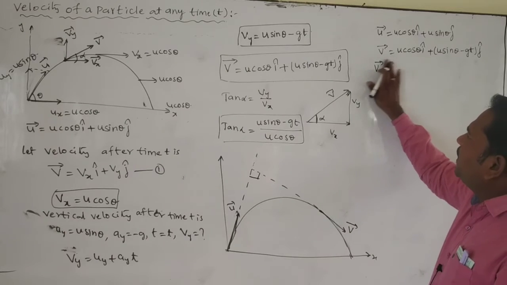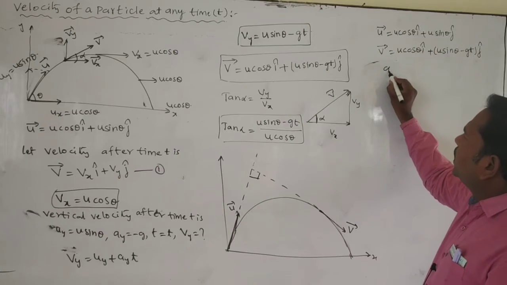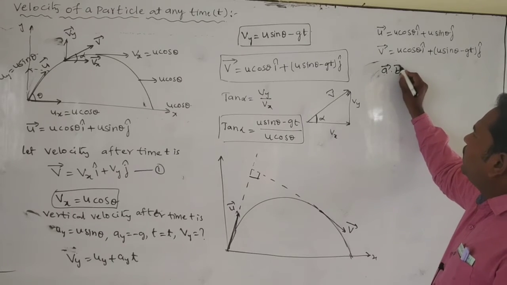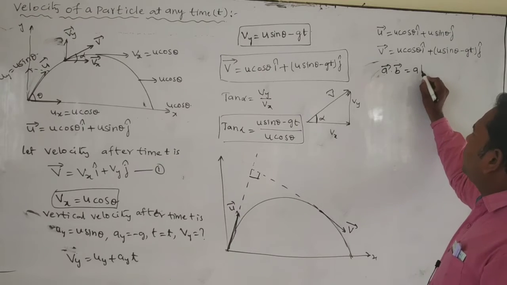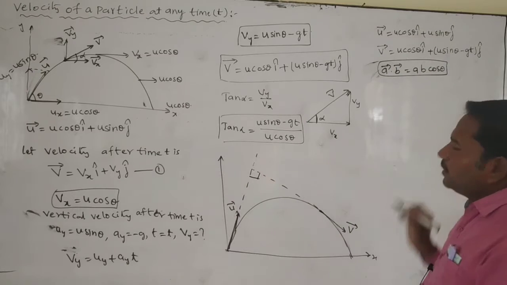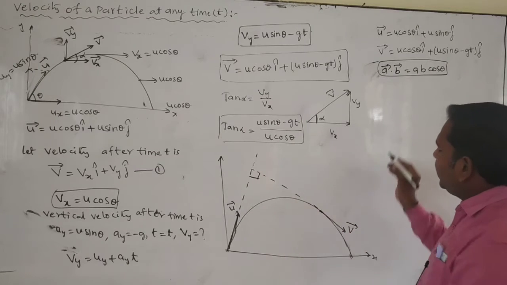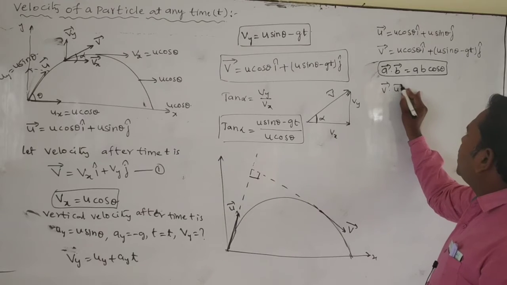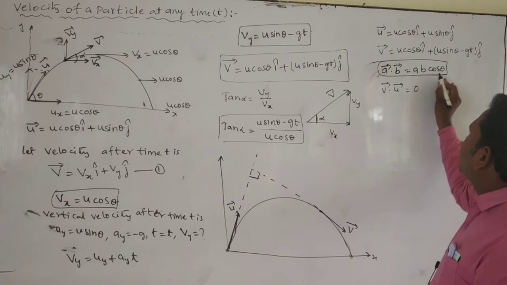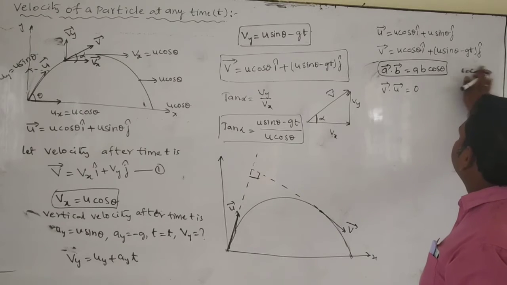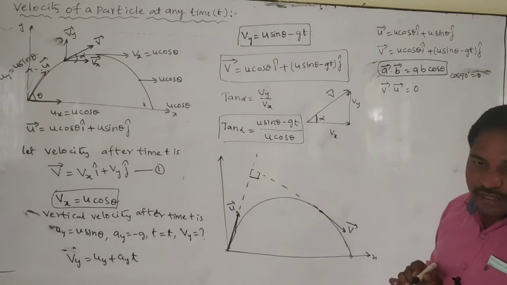Generally, this is the dot product formula: a bar dot b bar equal to mod a bar mod b bar cos theta. When theta equals 90 degrees, then v bar dot u bar equals zero, since cos 90 equals 0.